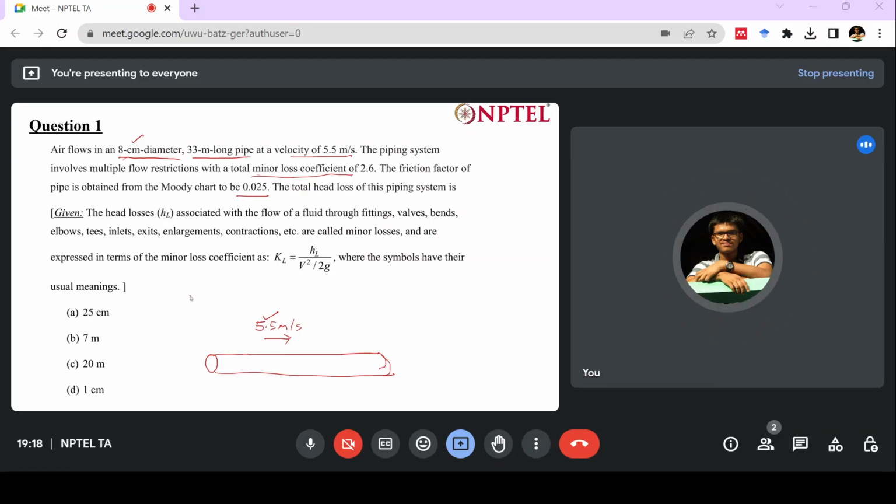Otherwise, the frictional forces will slow down, and this flow will not take place in a steady state. So there must be something driving the flow inside this pipe. What will this be? This will be a pressure difference. This pressure difference we calculate in terms of our head.